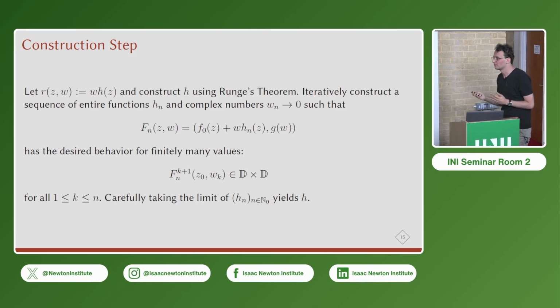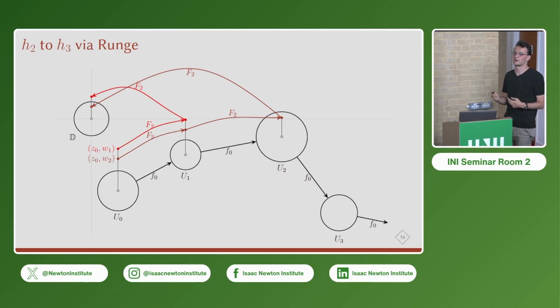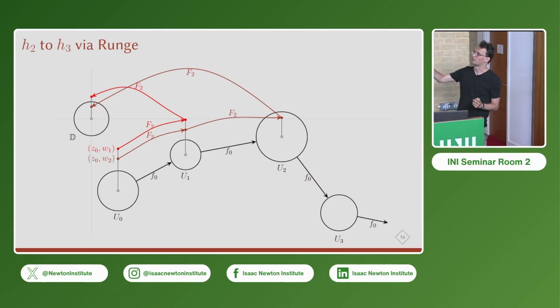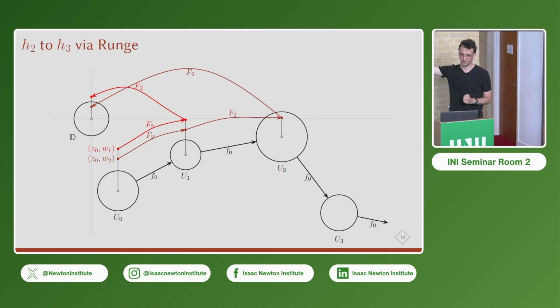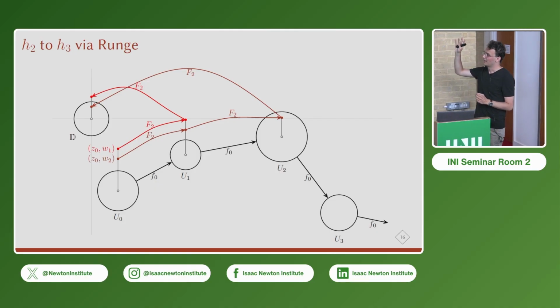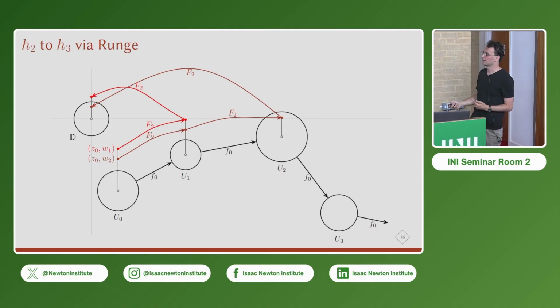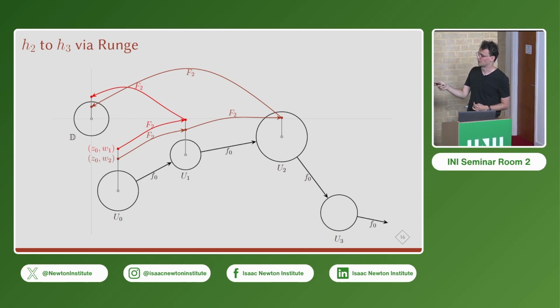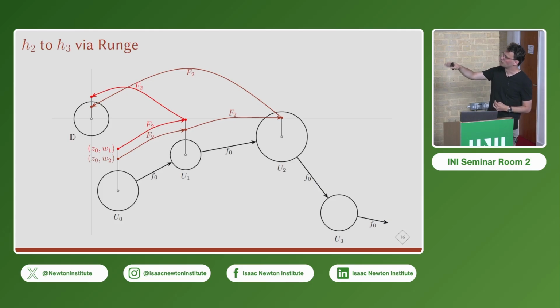And to give you an idea of how we construct these functions Hk, I want to illustrate how we go from, let's say, H2 to H3. If we have H2 already constructed, then we get a skew product F2 associated to H2. And we have points Z0, W1 and Z0, W2, which roughly follow the disks and then get mapped back to the bidisk.